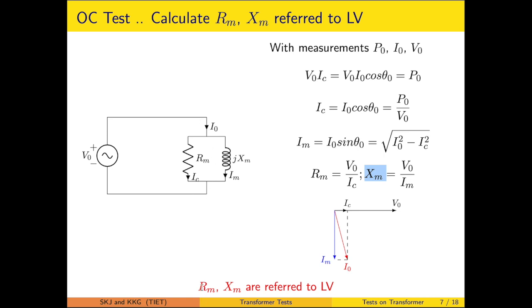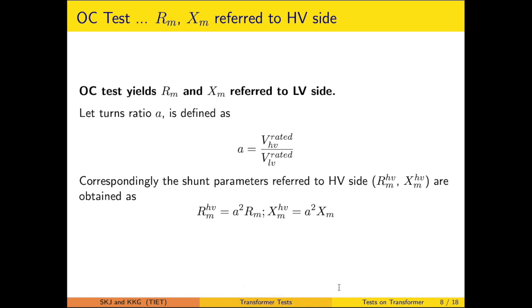But the point we have to remember is that these Rm and Xm are referred to the low voltage side. When we have an equivalent circuit, it can be obtained referred to the low voltage side, or referred to the high voltage side.